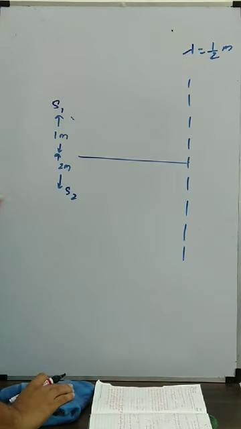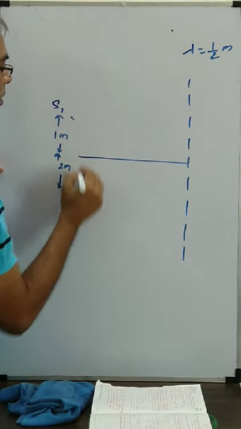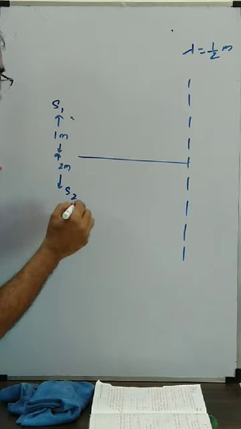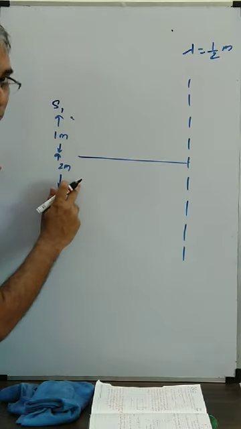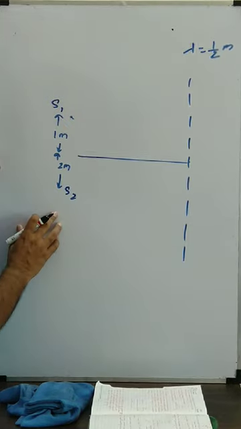Always remember that the maximum distance at any point between the two waves generated by S1 and S2 can only be equal to the separation between them.